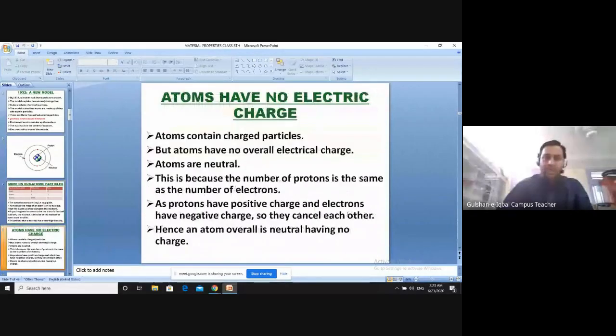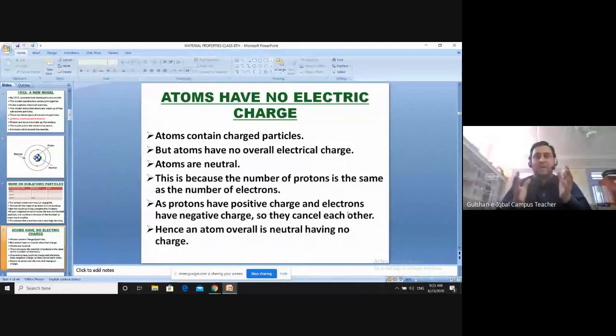Now we also discussed that atom has no charge on it. Electrically, atom is neutral. And why is the atom electrically neutral? Because the number of protons and the number of electrons are the same. We know protons are positive particles and electrons are negative particles. When two equal numbers have opposite charges, positive and negative, they cancel each other.